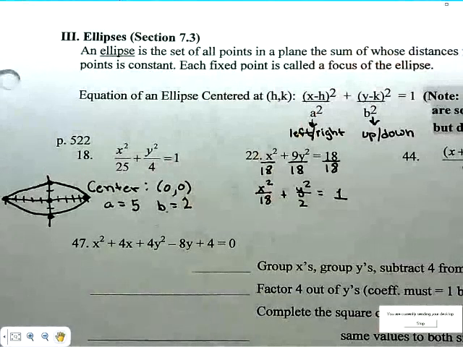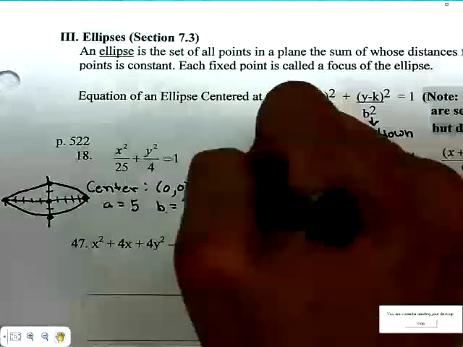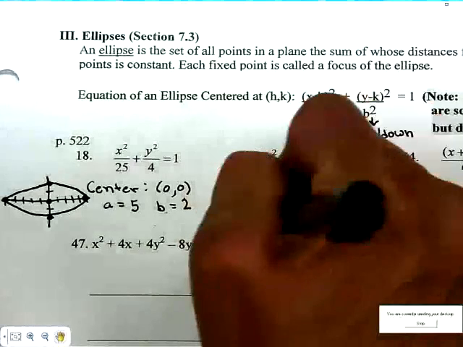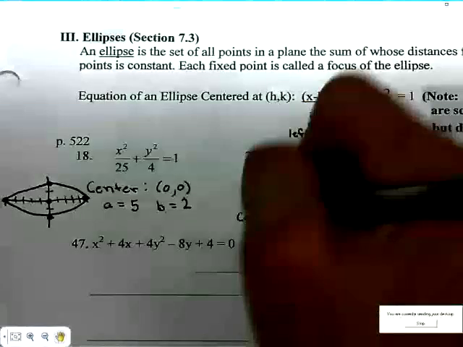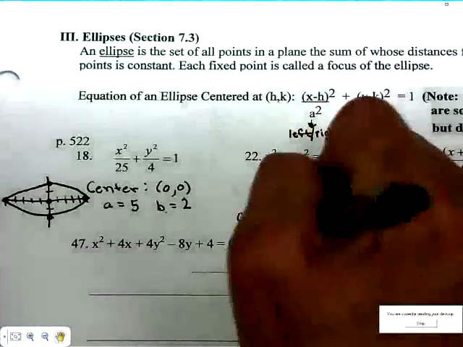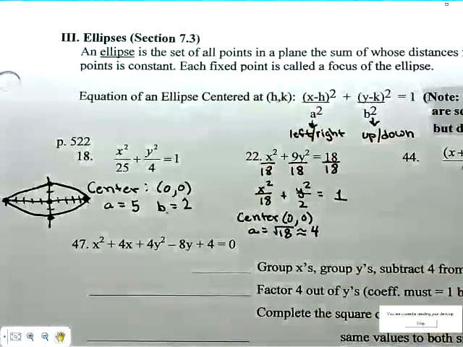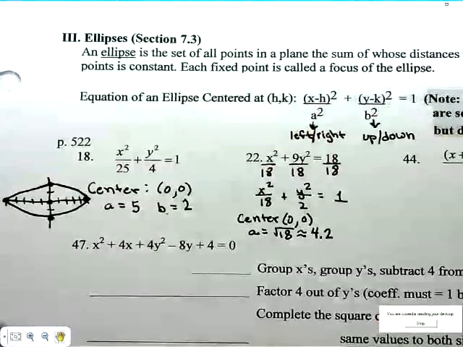And now I can see that the center of that ellipse is what? 0, 0, because you don't have those guys in parentheses. It hasn't been shifted horizontally or vertically. The center is 0, 0. What is a? Square root of 18, which is 4 point something, about 4 1/4, darn close to 4.25. I can't be that accurate graphing anyway. I'm just going to say about 4.2. And what is b?